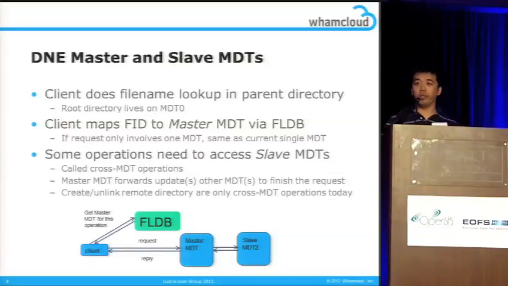For example, if you want to create a directory or a remote directory, you just send a request to the MDT where the parent is located. The client knows where the master MDT is by checking the FLDB. So if the operation only involves one MDT, it's a local operation for that MDT, the same as the current single-MDT operation.